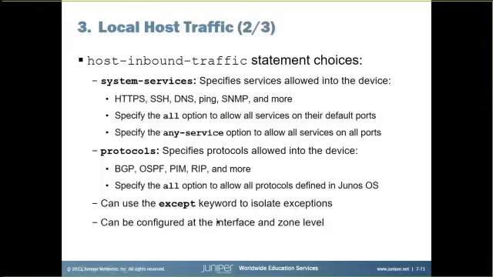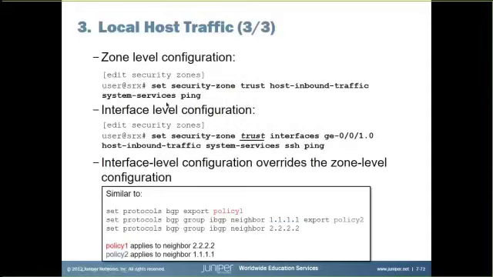Here's an example. We're going under Edit Security Zone and we're doing Set Security Zone Trust. This is the name of the zone that you decided to use. Host-inbound-traffic system services ping. So this system service applies to every interface under the security zone trust. At the interface level, we have Set Security Zone Trust, interface ge-0/0/1, host-inbound-traffic system services SSH and ping.